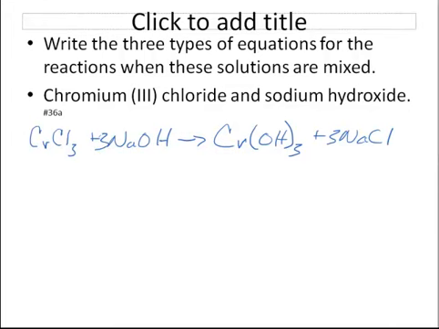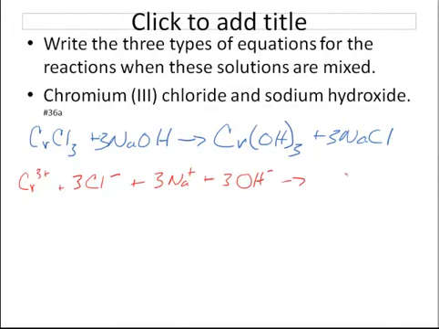That's the molecular equation. Next, I need to write the complete ionic equation. Well, chromium 3 plus, 3 chlorides I should say, plus 3 Na pluses plus 3 OH minuses yields.